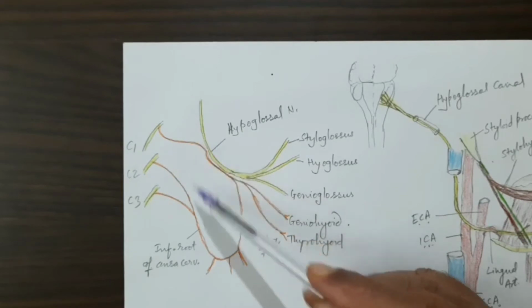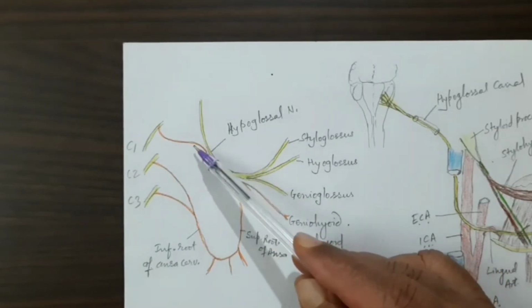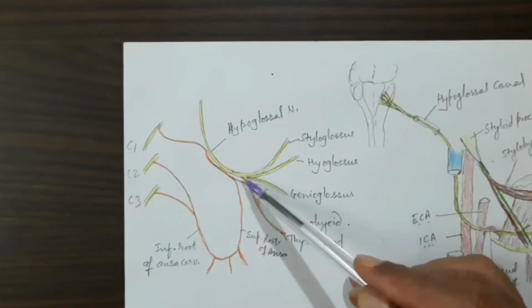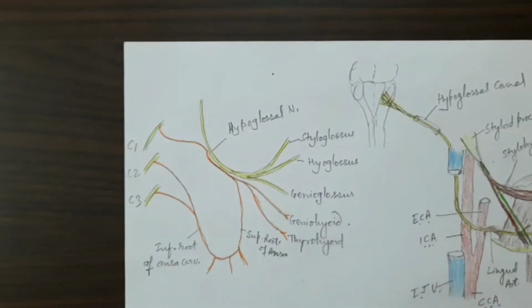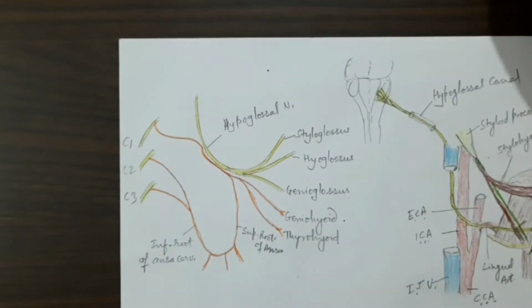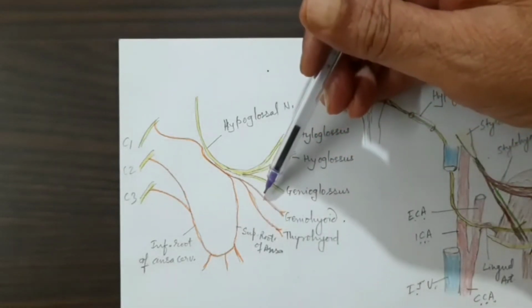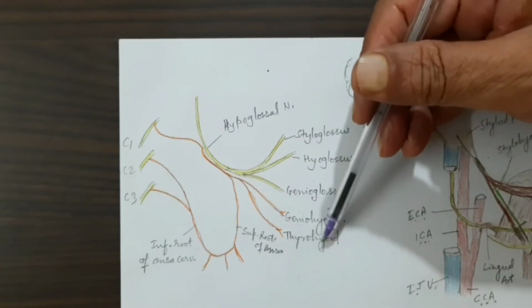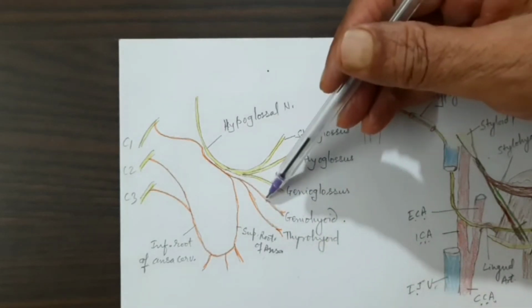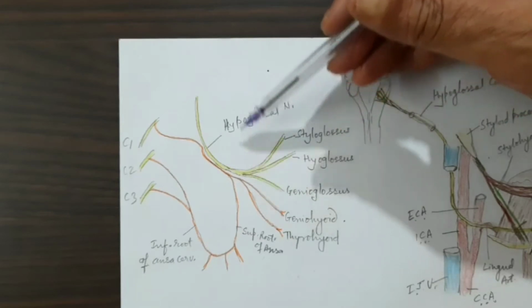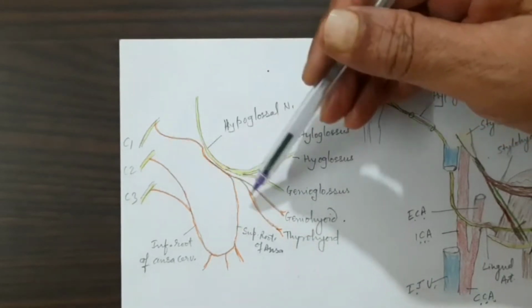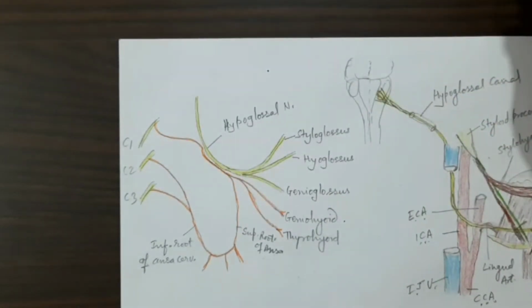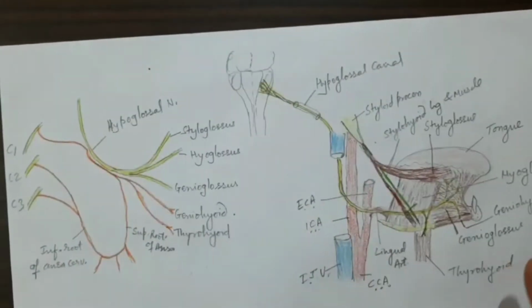Hypoglossal is in yellow and this is in the other color. These fibers of C1 will then supply many muscles, as we will see just now. But you should note that the fibers supplying the geniohyoid and thyrohyoid muscles are not coming from the hypoglossal. They are the actual fibers of the C1 ventral rami.